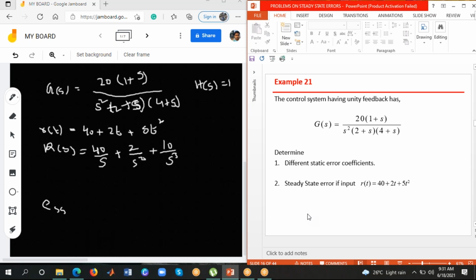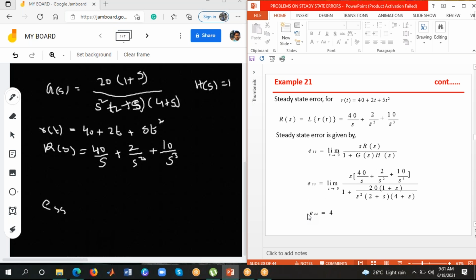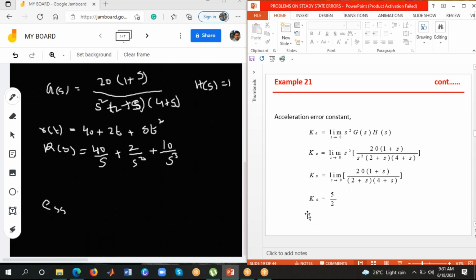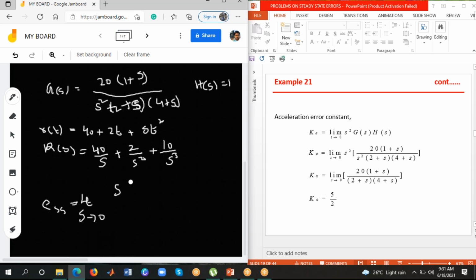Let us see what comes. So the ESS formula is limit s tends to 0 of s into 40 by s plus 2 by s square plus 10 by s cube.